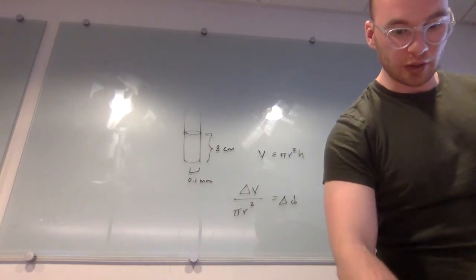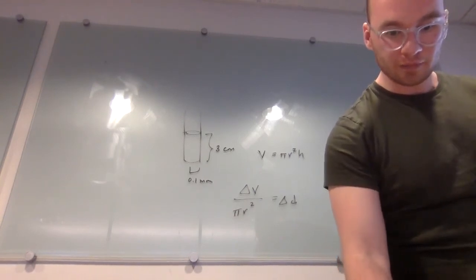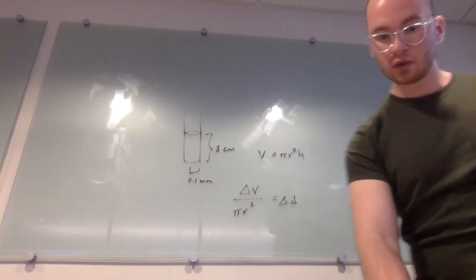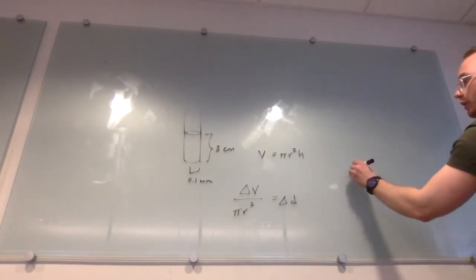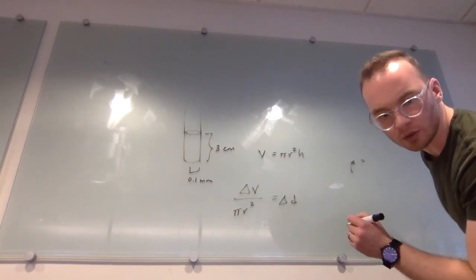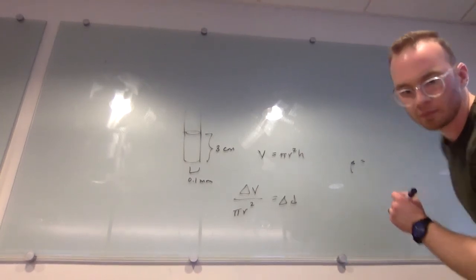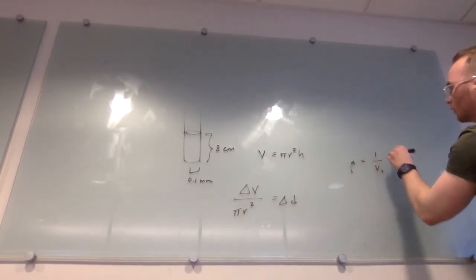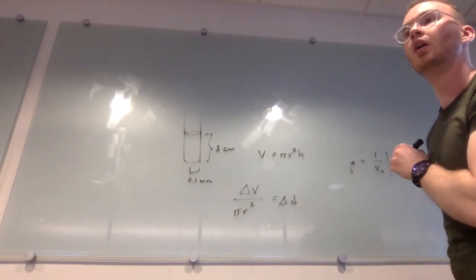But the change in volume, they told us beta, which is a number. So we can plug in our volume, and delta V equals V naught beta delta T.